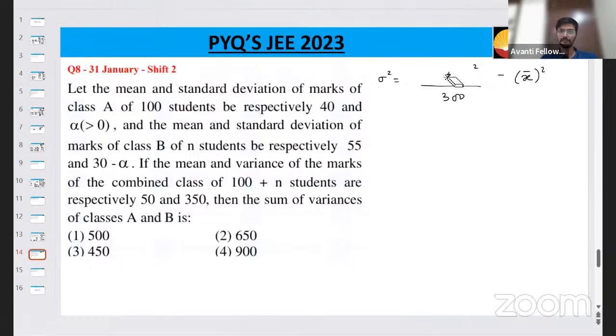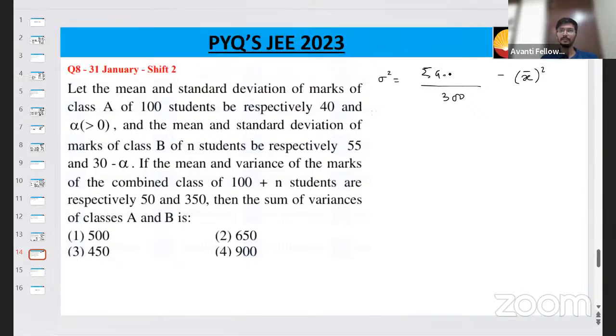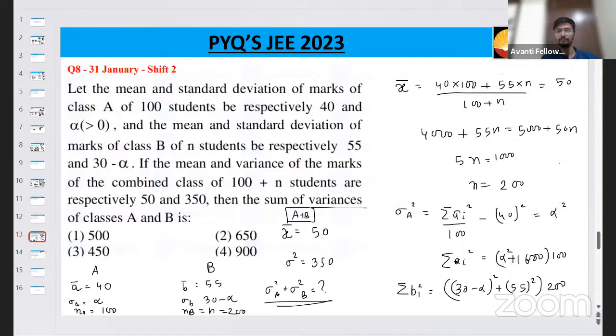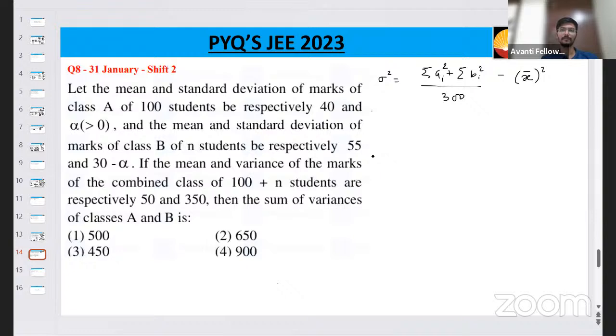It will be, sorry, summation a square plus summation bi square, right? Okay. So now we have summation ai square, and we have summation bi square. So summation ai square plus summation bi square.